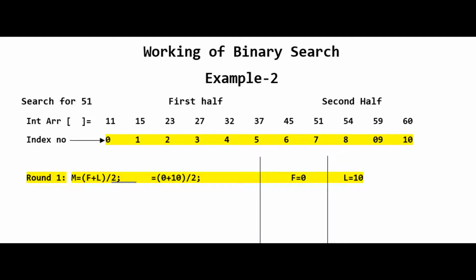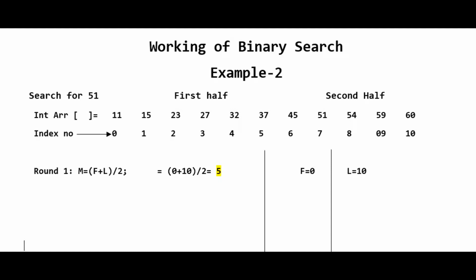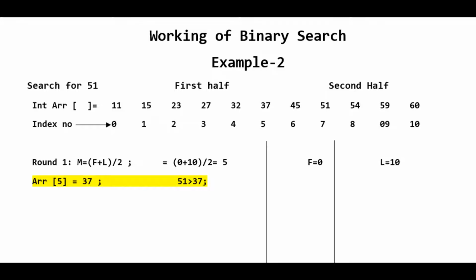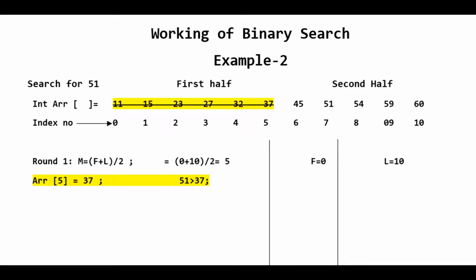So to find the middle element, 0 plus 10 divided by 2, we get exactly 5. At index number 5, I have 37. So 51 is greater than 37, so there is no meaning in searching the first half. Automatically it will search in the second half.